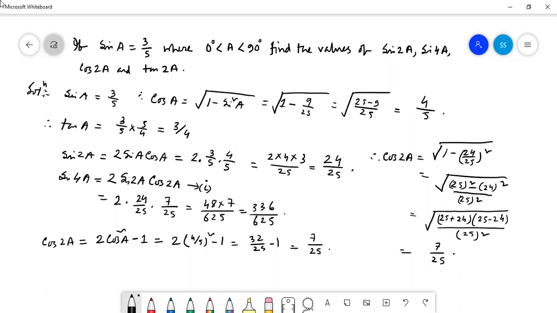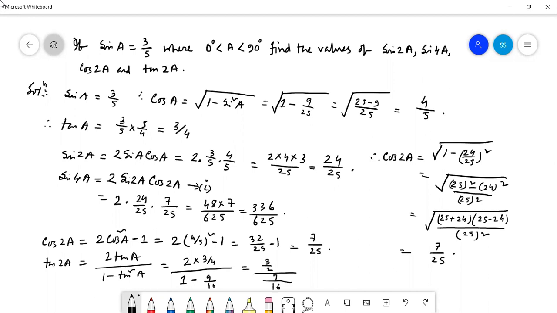And tan 2A is equal to 2 tan A by 1 minus tan square A. That is 2 into 3 by 4, by 1 minus tan square A, which is 9 by 16. Then it is coming 3 by 2 whole thing by 7 by 16. 3 by 2 into 16 by 7. 24 by 7.